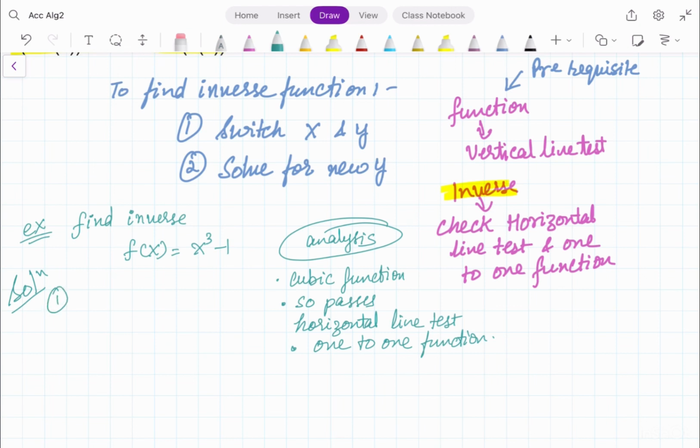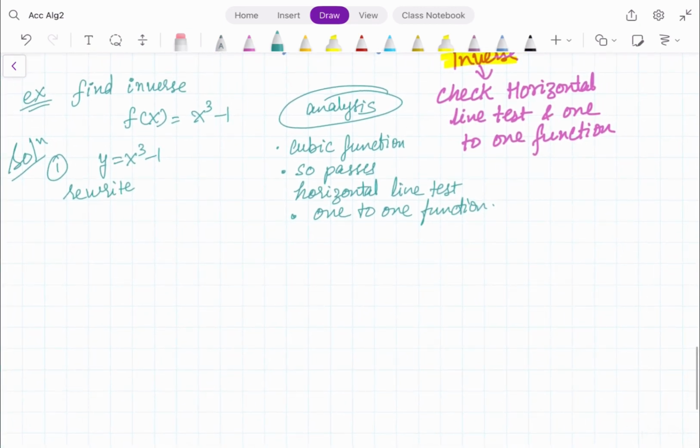So step number 1, switch x and y. So we have y is equal to x cubed minus 1. If I rewrite it, it will become x is equal to y cubed minus 1. Second step, it says solve for new y. So let's write down the new function again, after we rewrote and solve for y.